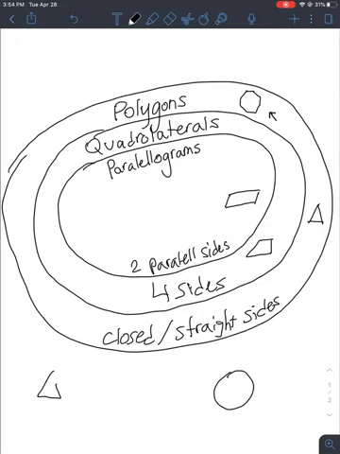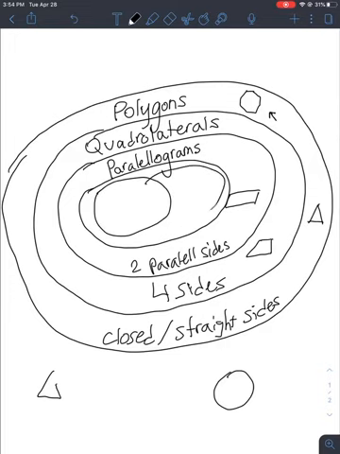Then within the parallelograms are rectangles and also rhombuses.